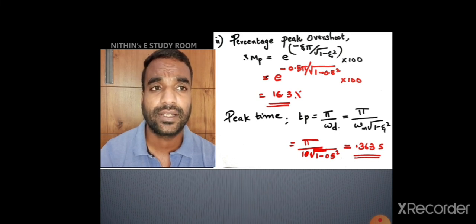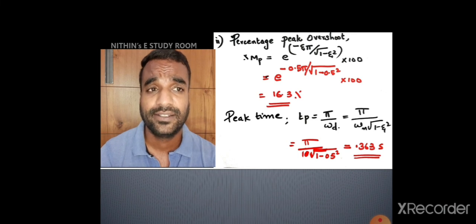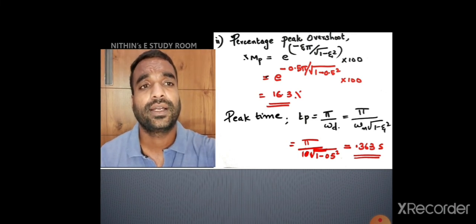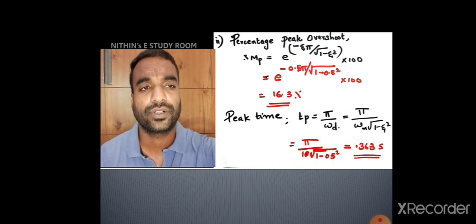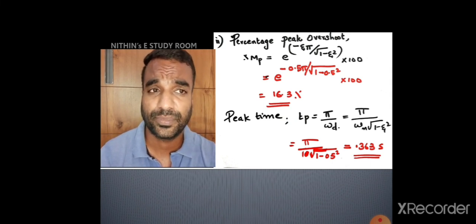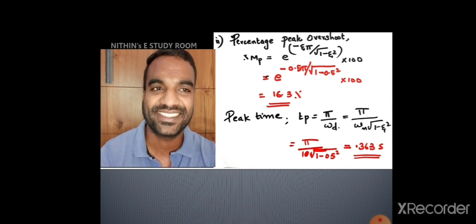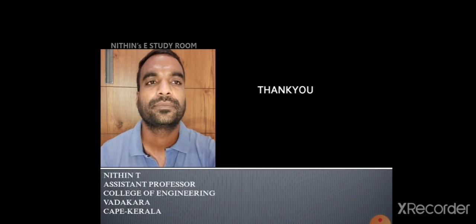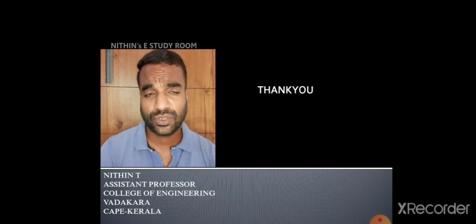Omega n we already got, it is 10. Substitute omega n and eta value: pi by 10 into root 1 minus 0.5 square, that is equal to 0.363 seconds.